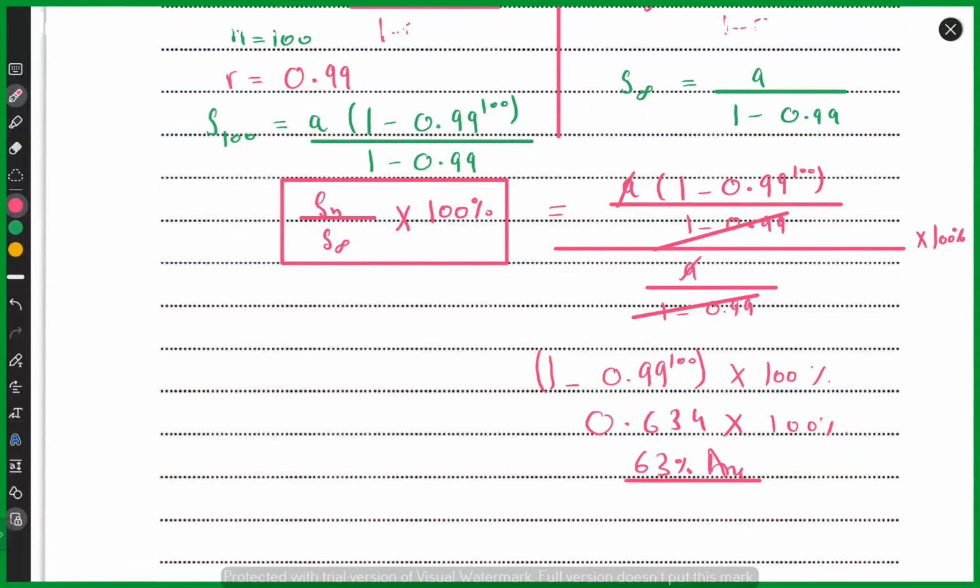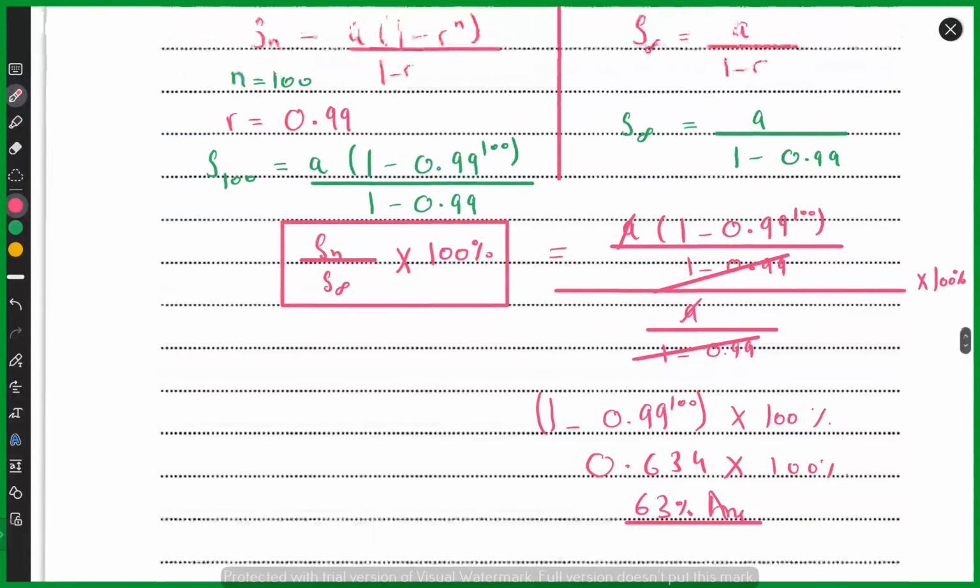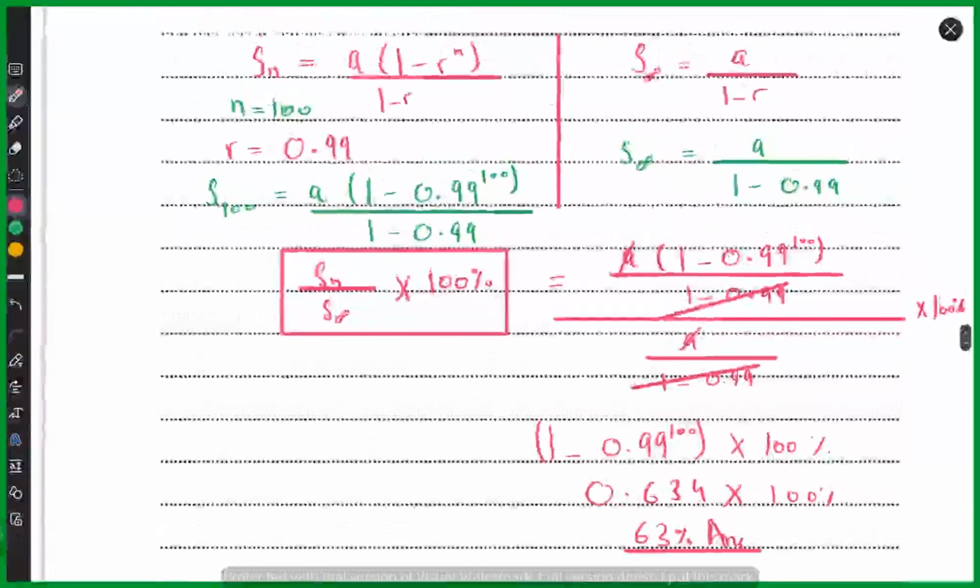Miss, is the step where it is 0.634 multiplied by 100 important, or can we just do it directly? I mean, because we can just insert the values in the calculator and get 63.396%. Yes, obviously. Like directly from this to this, right?